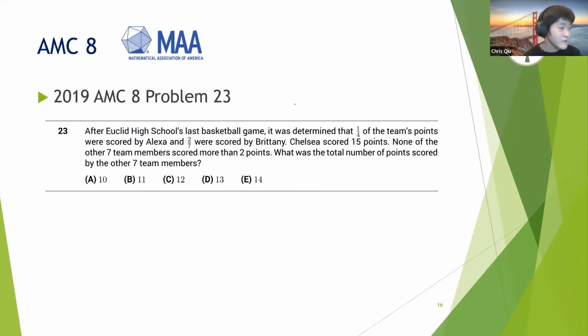So the number of points scored by the team, let's just say n, is equal to the total points. Then, since 1/4 of n must be a whole number, n has to be a multiple of 4. And similarly, since 2/7 of n is a whole number, n must be a multiple of 7. So in fact, n is a multiple of 28.